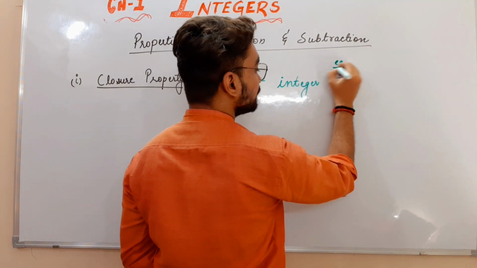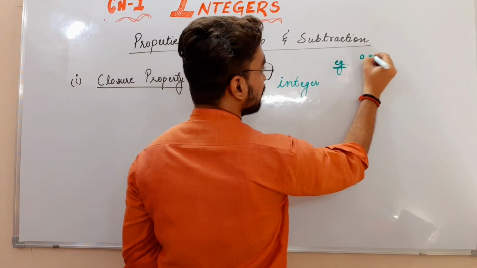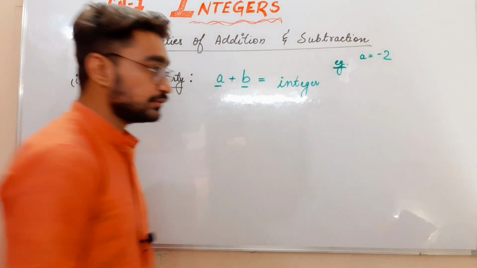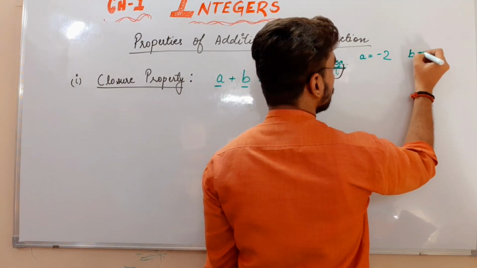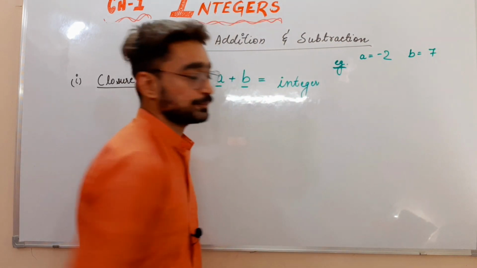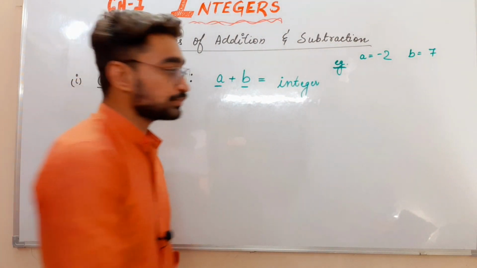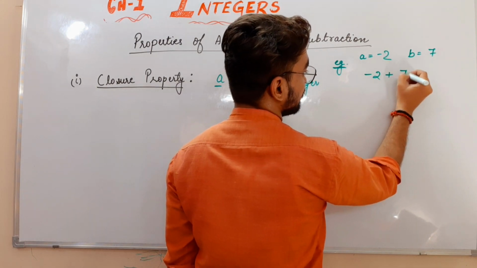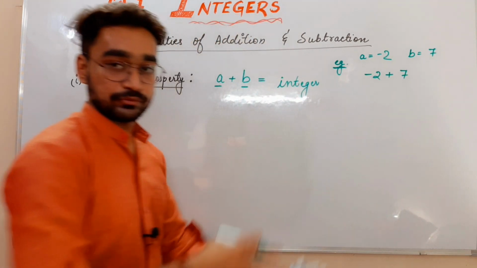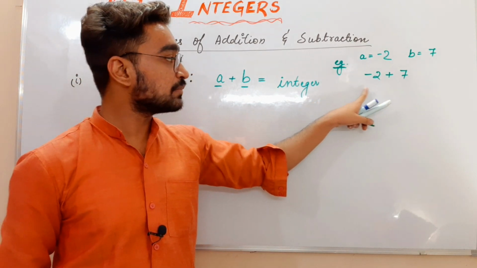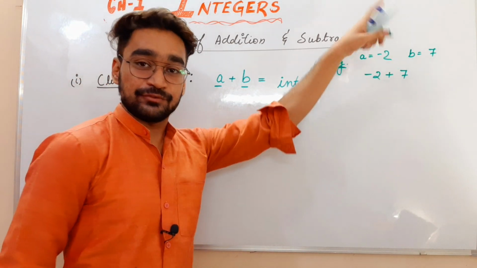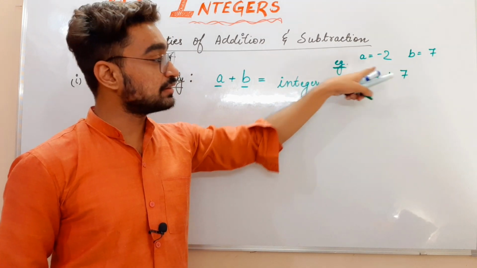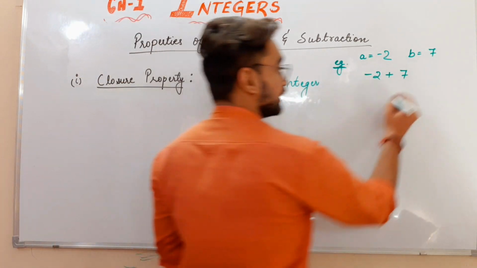Let us take an example. Let a be minus 2, which is an integer, and b be equal to 7. Now I want to add them, a plus b, so minus 2 plus 7. One is a negative number and one is a positive number, so we have to subtract them. 7 minus 2 is 5.